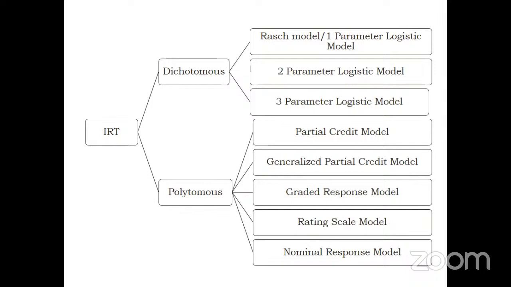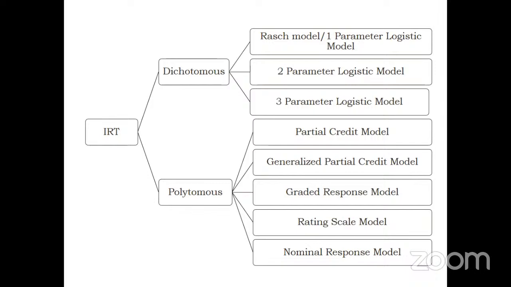So for such kind of responses also, we have 5 different models available: the partial credit model, the generalized partial credit model, graded response model, rating scale model, and nominal response model. Yes, any question? Okay. Any other question?